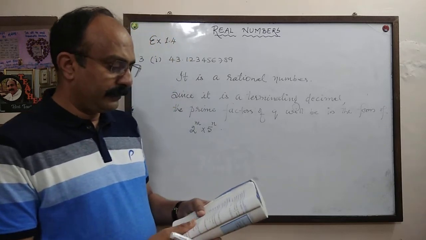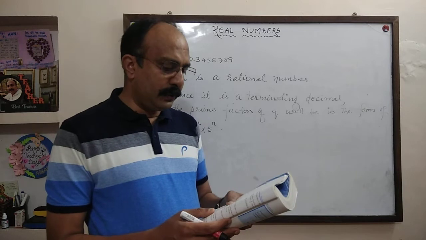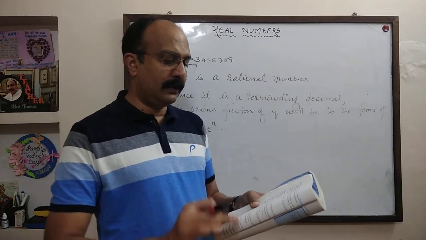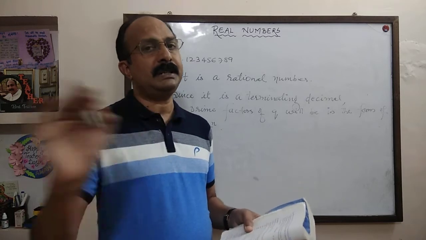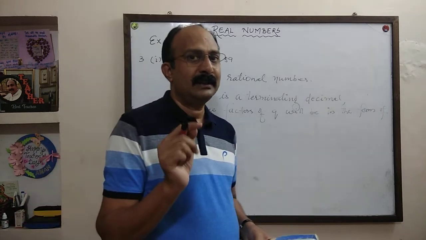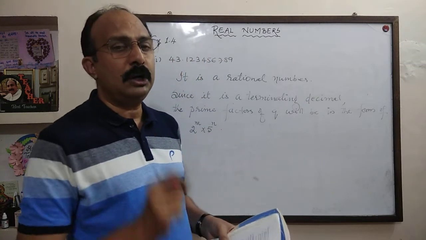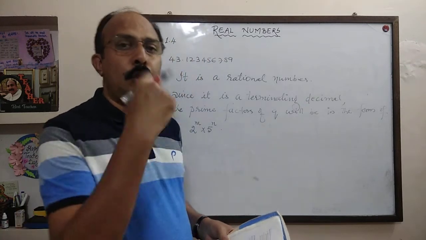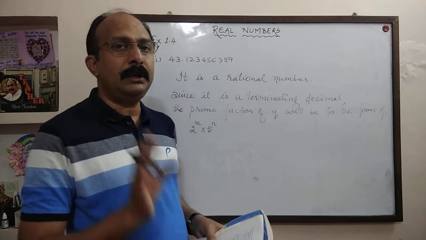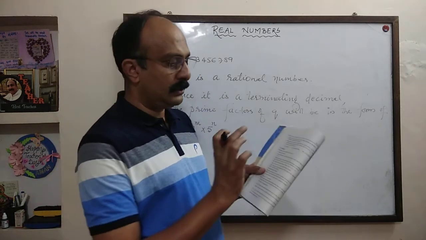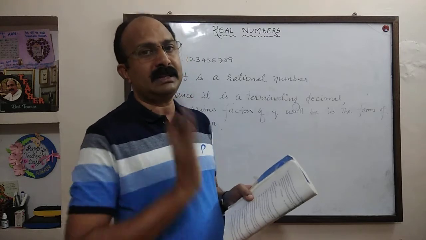Question number 2. 0.120, 1200, 12000, 12 times 0... You got it from class 9? This type of decimal numbers are called non-terminating, non-recurring decimal. All the non-terminating, non-recurring decimals are irrational. So question number 2 is irrational.